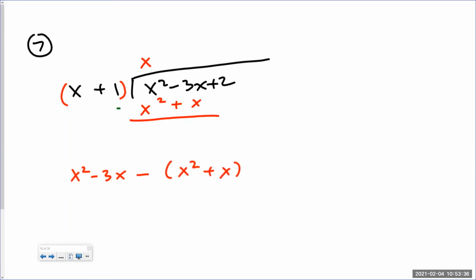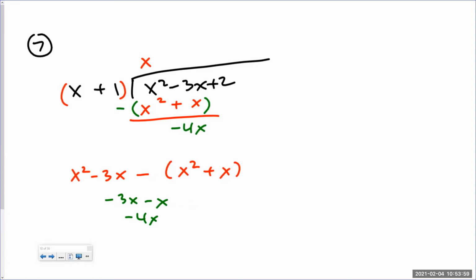It's a lot easier if you rewrite it as a long thing like this. So if I subtract this, do you see that this is negative 3x minus x, right? And so that's negative 4x. Even though it doesn't look like negative 4x, it's negative 4x.